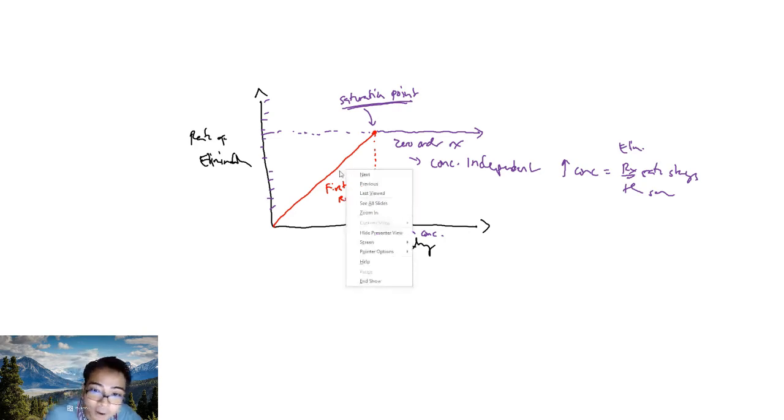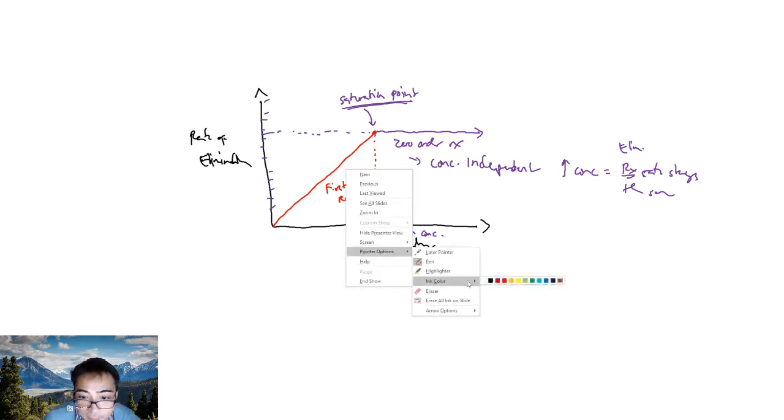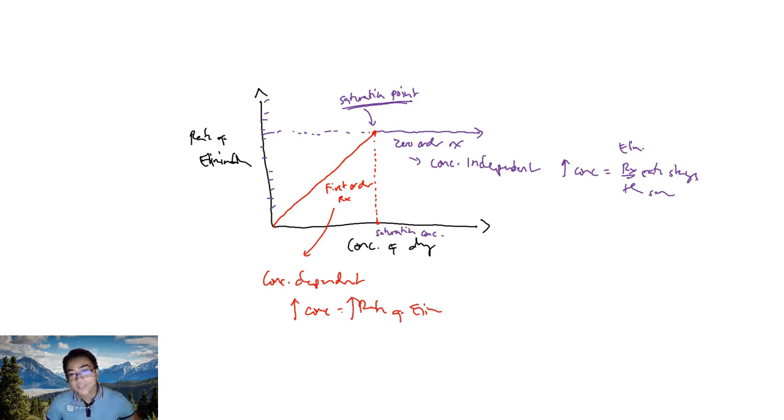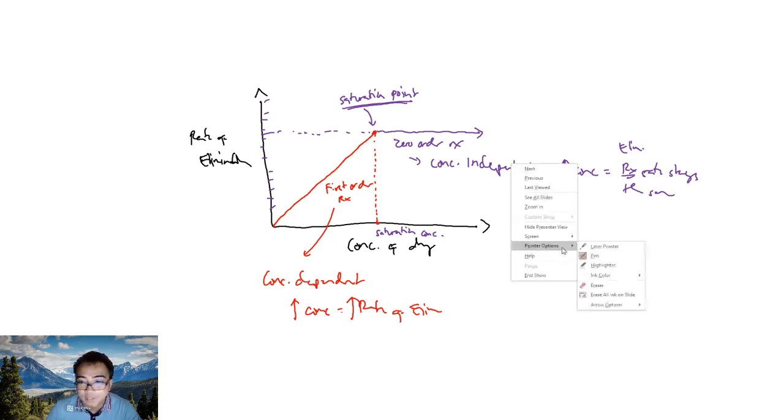Ang first order process kasi is concentration dependent. Ibig sabihin, increase the concentration, rate of elimination also increases. So are we clear? So for zero order process, this is concentration independent.